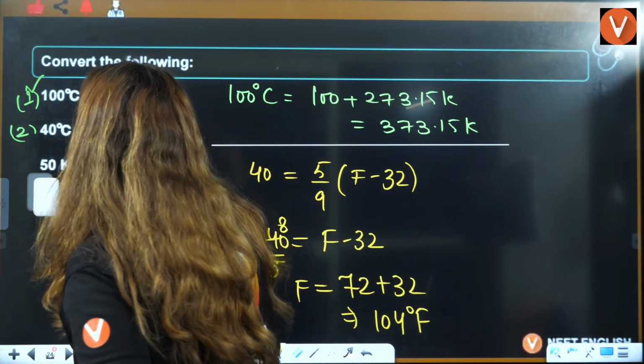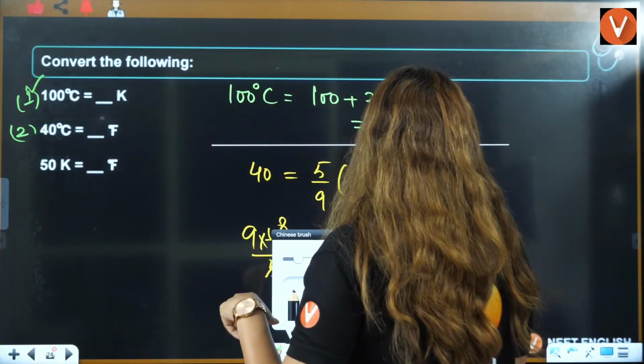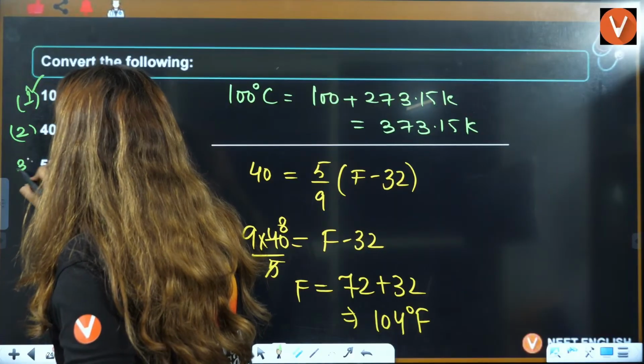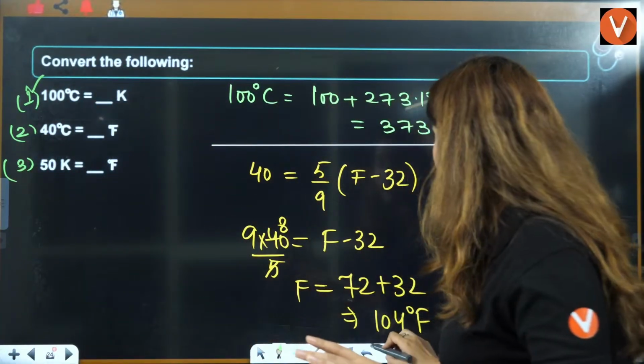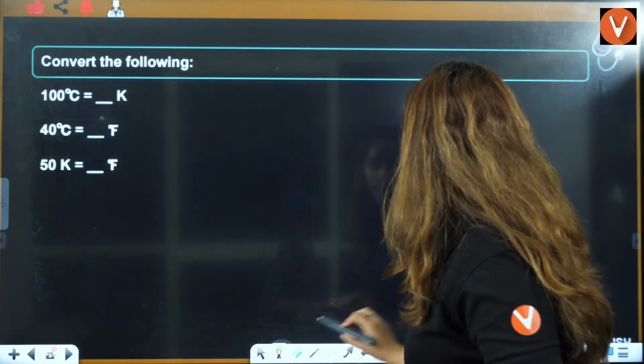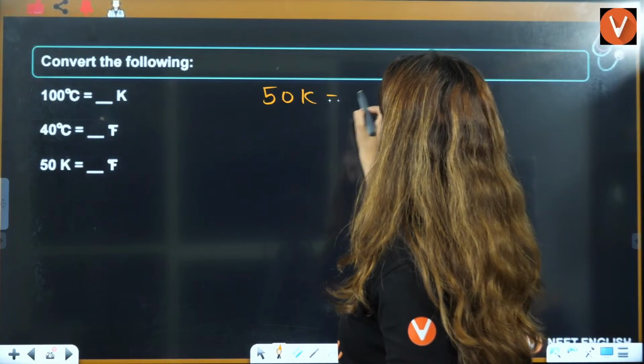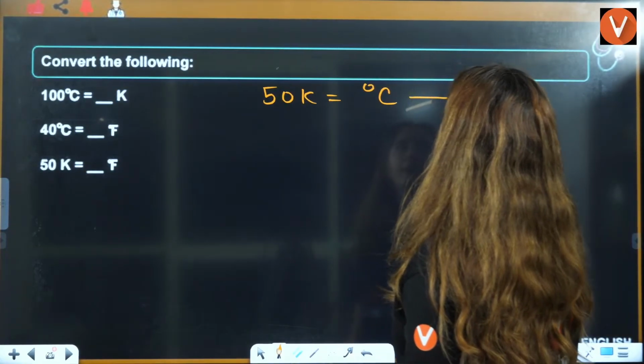Now the third one is Kelvin to degree Fahrenheit. First you will convert 50 Kelvin to degree Celsius, then to degree Fahrenheit.